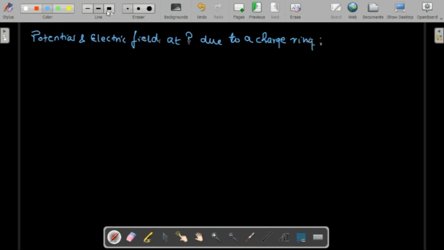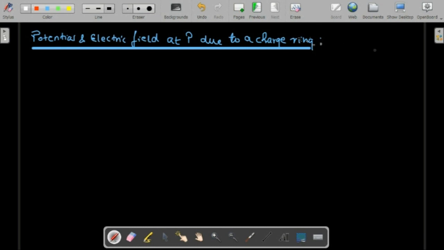Okay, we're going to write down the concepts first, the important things that we should actually know, due to a charged ring. Now what happens here is that potential is a scalar quantity, and electric field is a vector quantity.